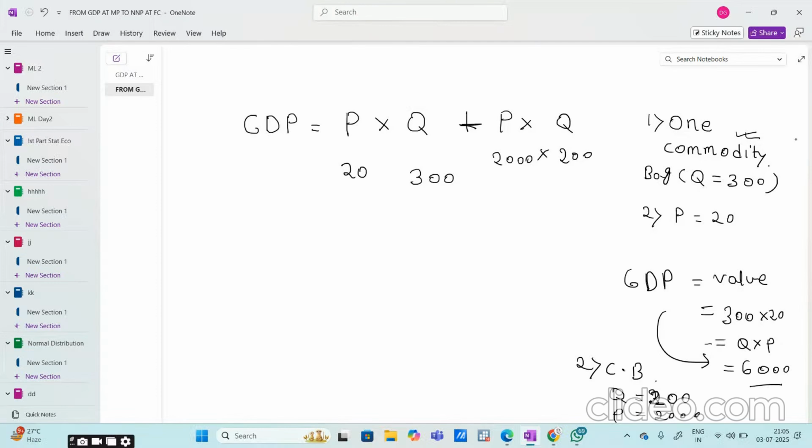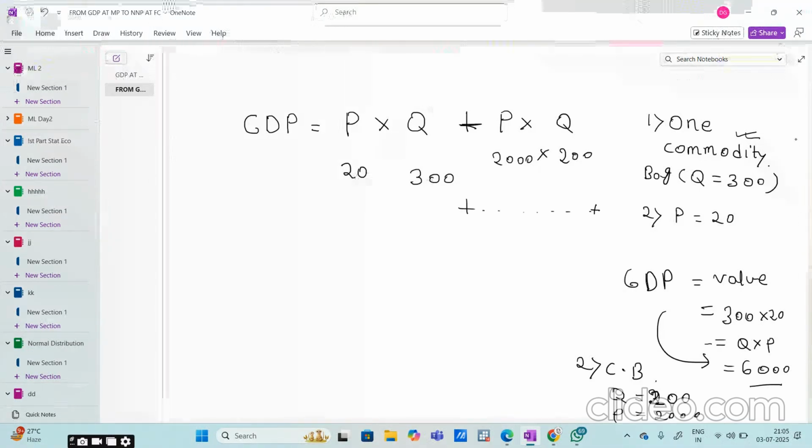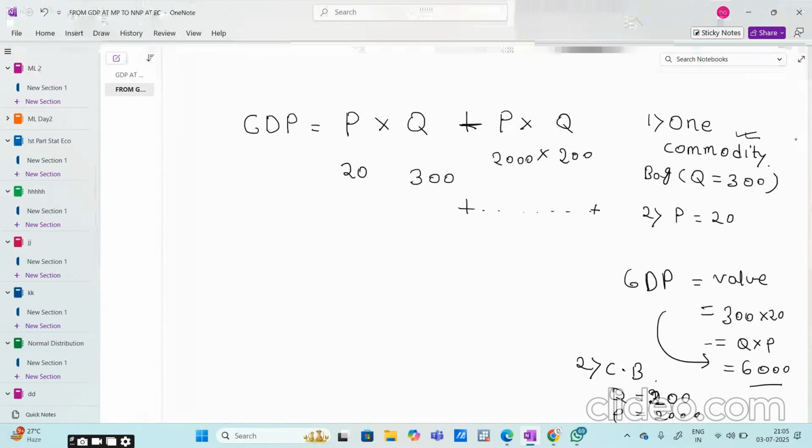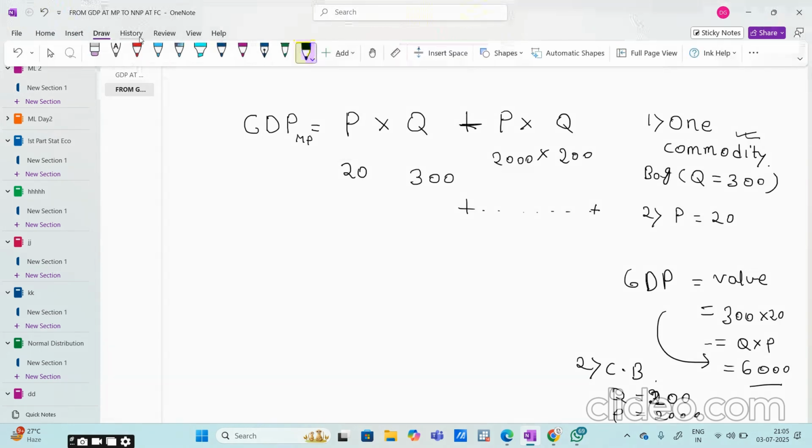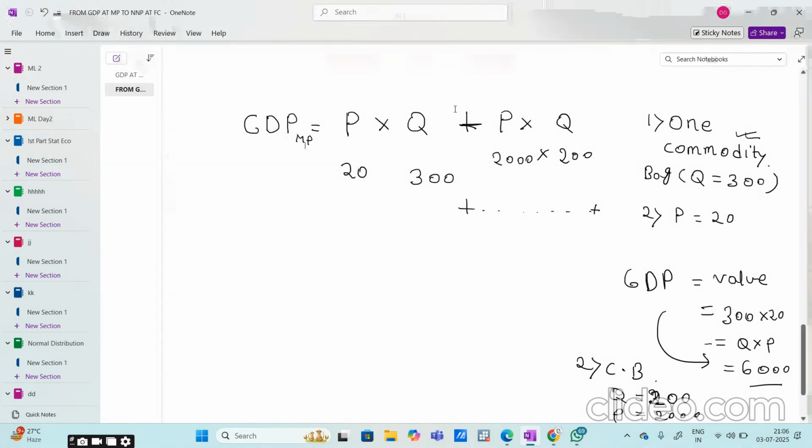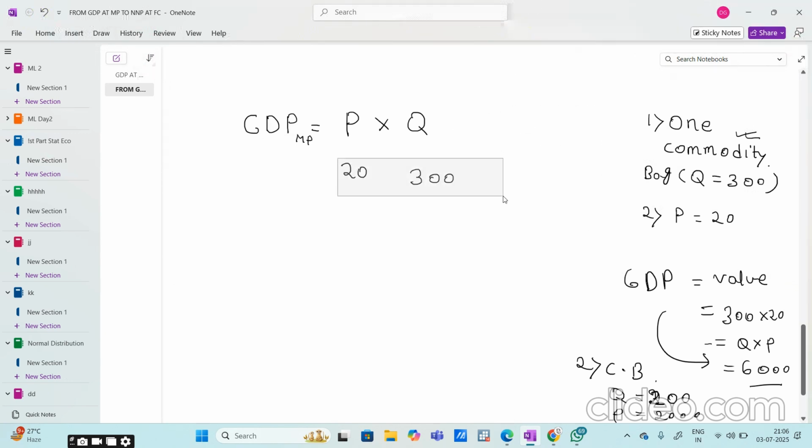In this way we have to calculate this for all the products, all the commodities or all the final goods existing in the economy, and after calculating we will get the GDP at market price. So we can write the GDP at market price in a simpler way by just showing it as P into Q.